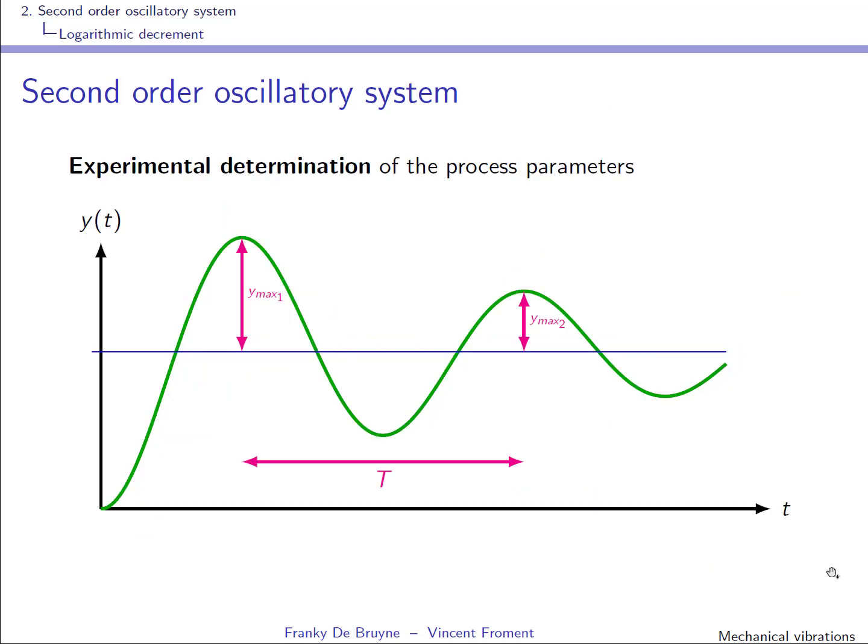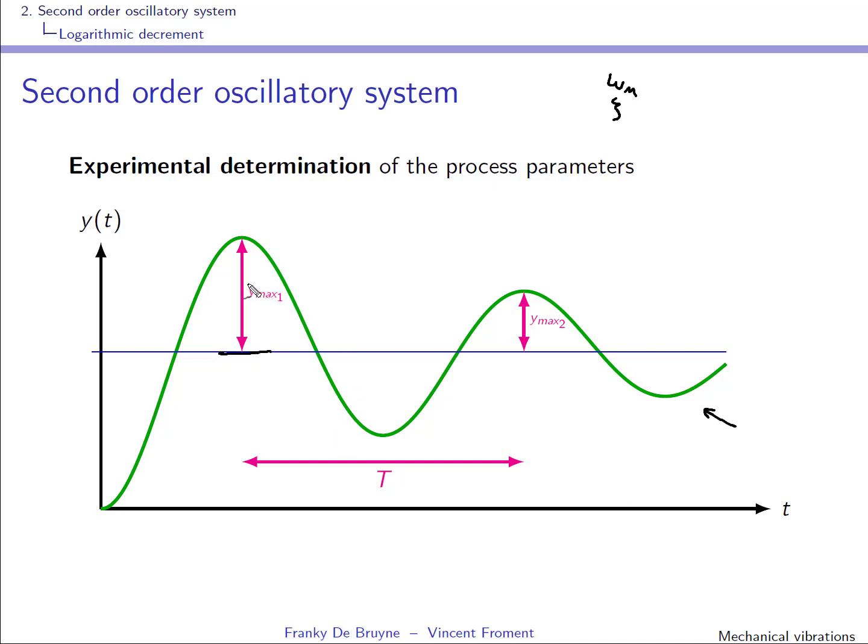It might also be interesting to determine parameters from your oscillatory system experimentally, and we're looking for ways to compute omega_n and zeta. If you do an experimental step response, you obtain something like that, and you can extract T, which is the distance in time between two successive peaks, and then you can also look at the values of the peaks with respect to the steady state solution.